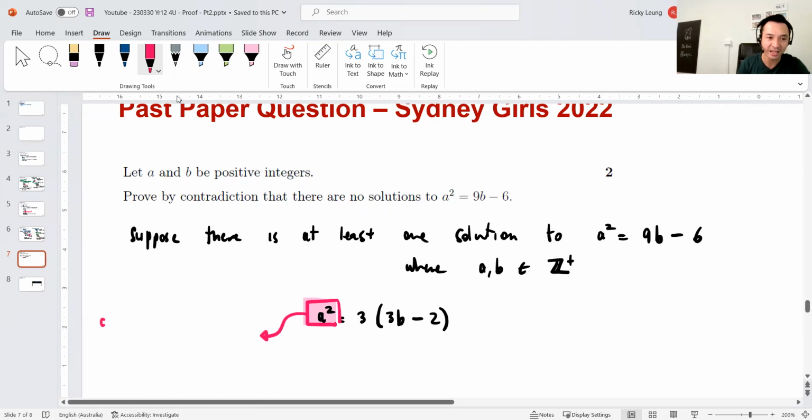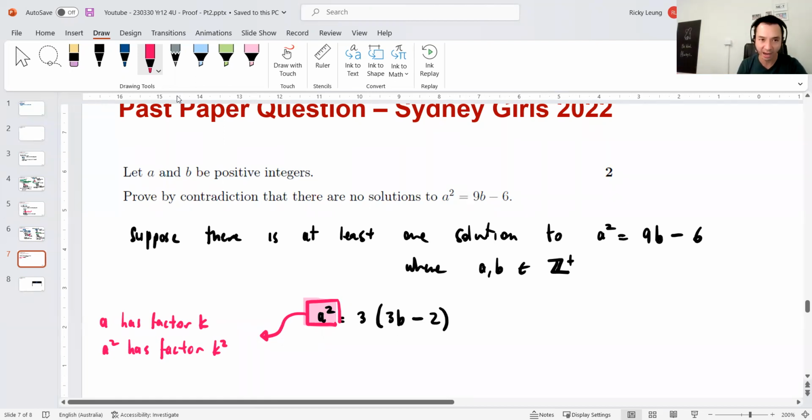If a has a factor k, then a squared, which is a times a, would have to have a factor of k squared. If k is a factor of a, then k squared must be a factor of a squared, because k would be a factor of each one of the a's. Does that make sense?